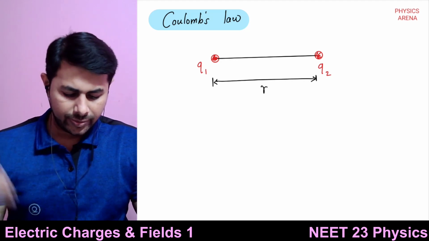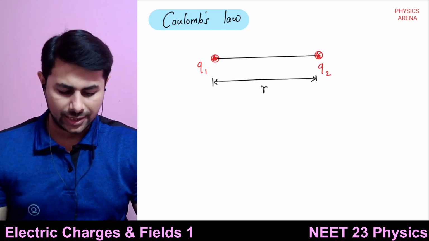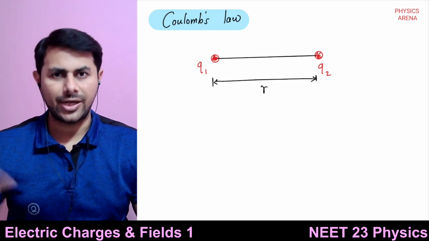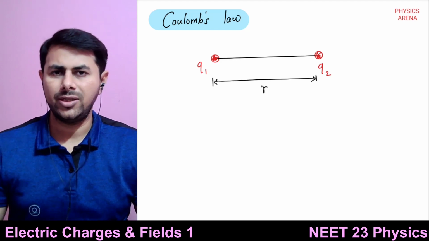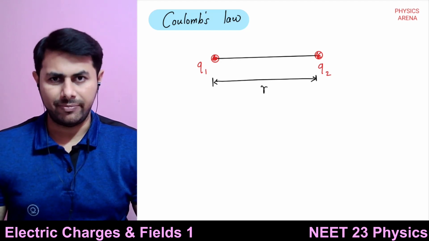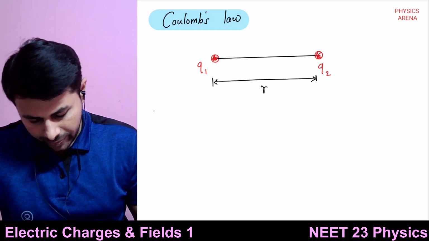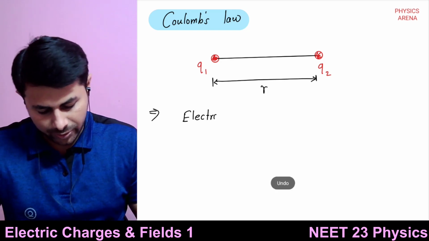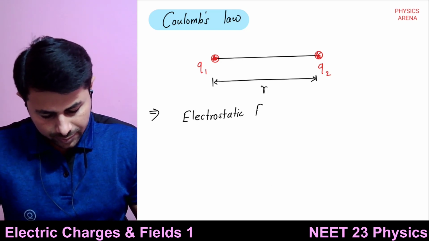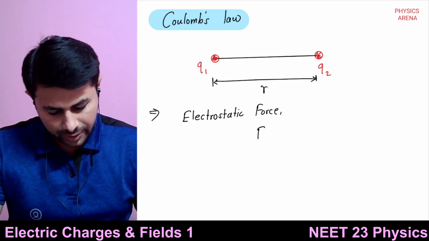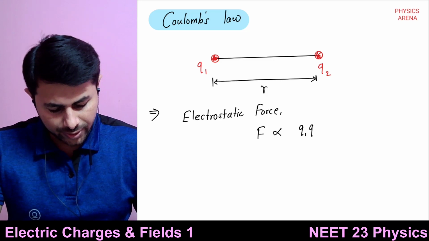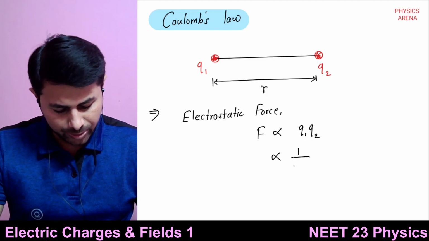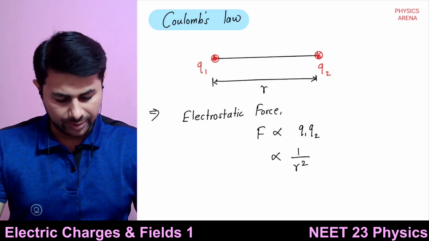Okay, so according to Coulomb, the force of attraction or repulsion between these two bodies is directly proportional to the product of charges of the bodies, and it's inversely proportional to the square of distance between them. This force is known as electrostatic force.